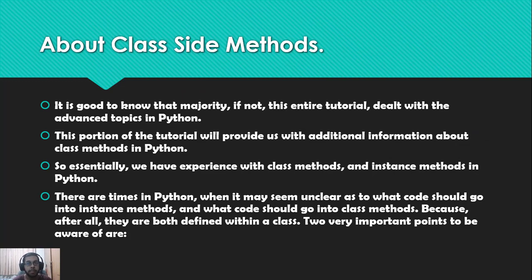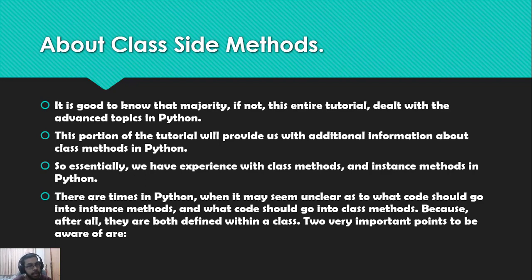About class-side methods. It is good to know that the majority, if not this entire tutorial, dealt with the advanced topics in Python. This portion of the tutorial will provide us with additional information about class methods in Python. So essentially, we have experience with class methods and instance methods in Python.